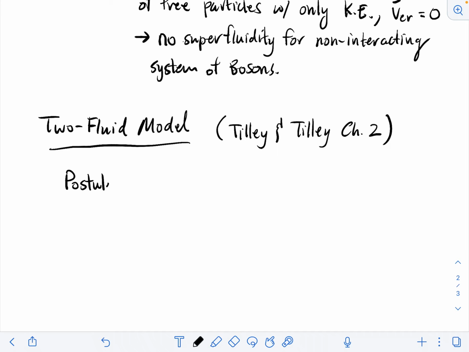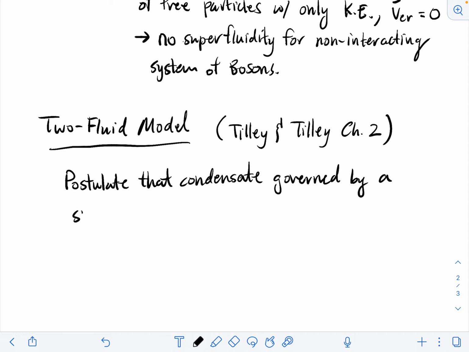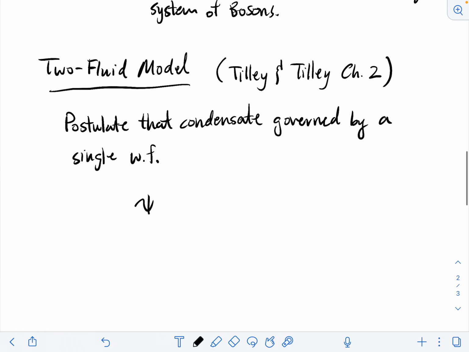We start by postulating that the condensate, or the superfluid fraction, is governed by a single wave function. And so that's a concept we've been talking about a little bit already. And so here's our wave function. It's going to have an amplitude.